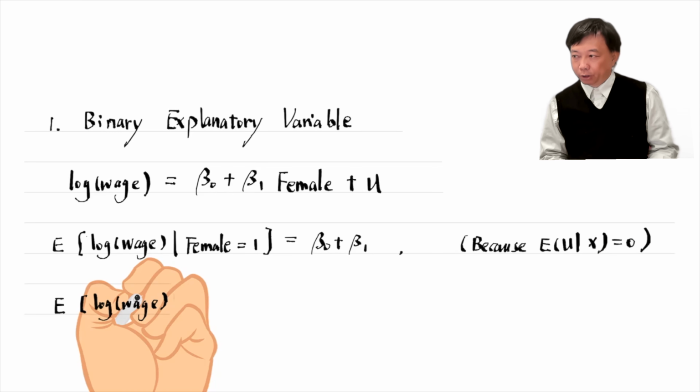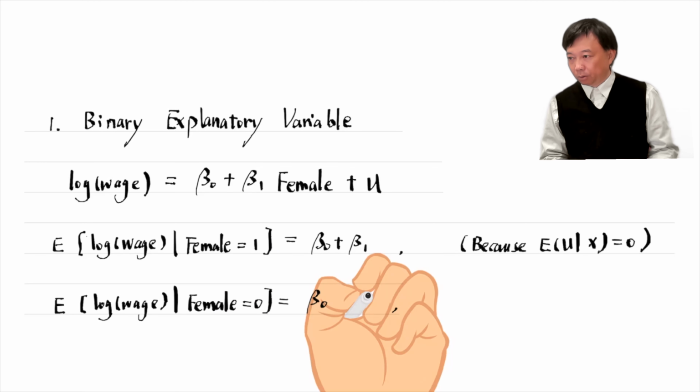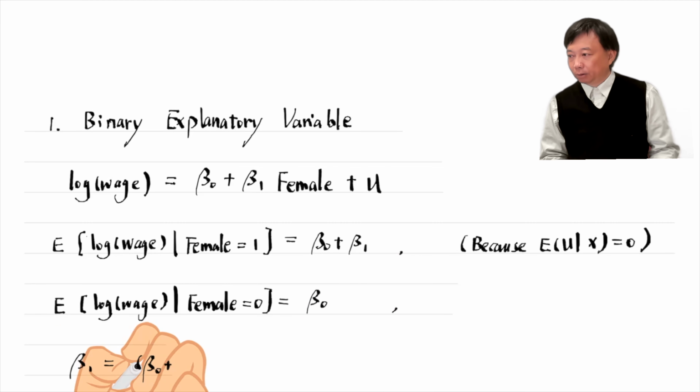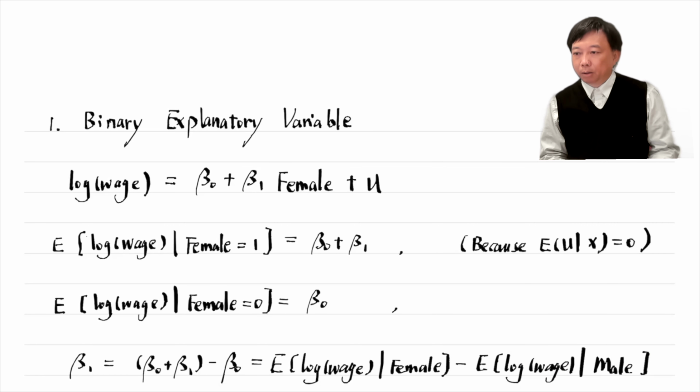The population average of the log hourly wage equals beta 0 when female equals 0. Thus, beta 1 is the difference in the average of the outcome variable between the two groups described by the binary variable. Here, beta 1 is the difference in wages between female and male workers.